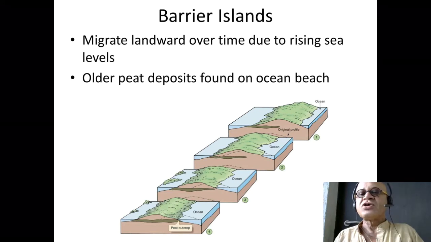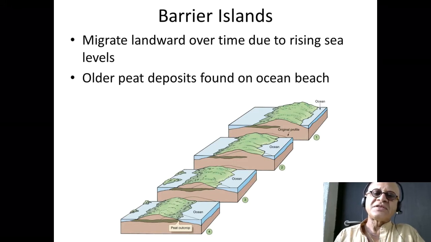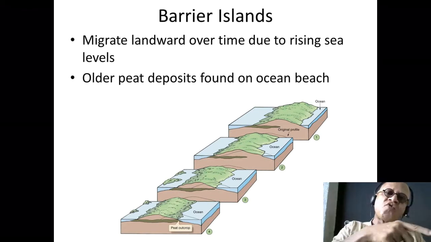Okay, so here you have the original profile. The ocean was here, you had the beach and the barrier flat and the high salt marsh, low salt marsh and so on into the lagoon. Over time the erosion happens and the sand gets moved over, and you can see this has moved towards land, and erosion has happened on this side, so the barrier island is rolling over itself.